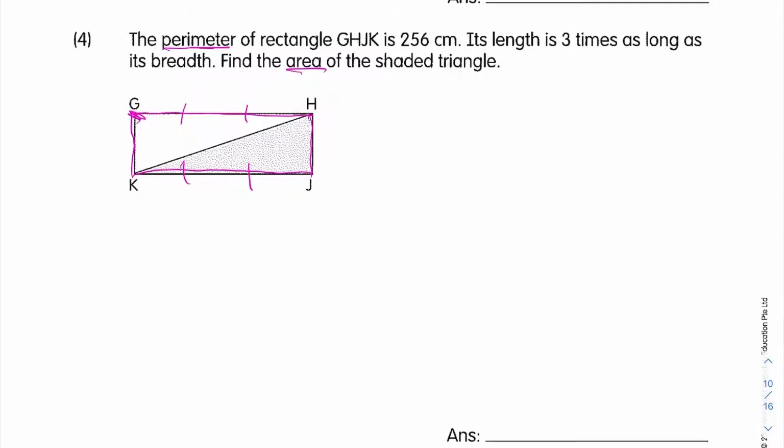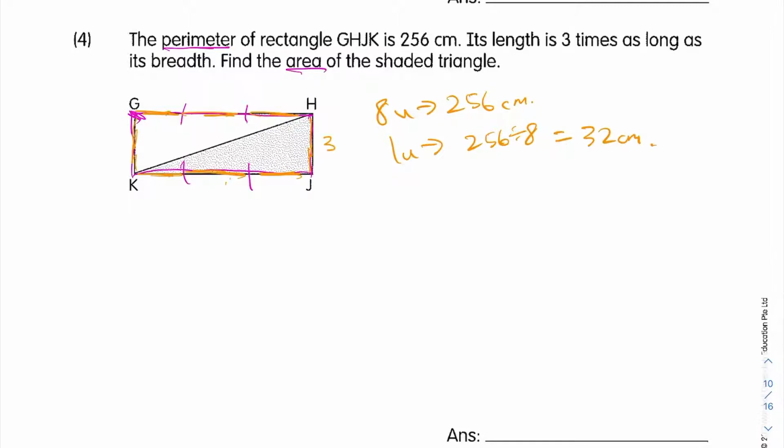So what this means is I'm going to count the length. So count with me. 1 time, 2, 3, 4, 5, 6, 7, 8. So 8 units would be 256 centimeters. 1 unit would be 256 divided by 8 would give you 32 centimeters.